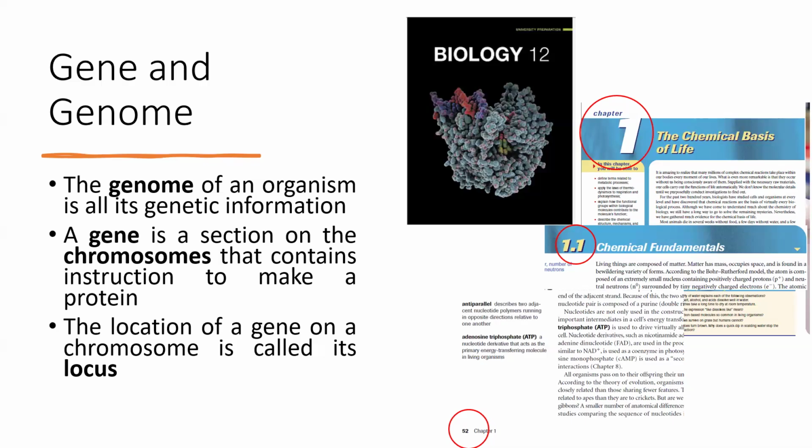If it's on chromosome 14 for you, it's on chromosome 14 for me. So these are the different terms that you should be familiar with. Most of them you already know, right? Maybe genome and locus are new, but gene and chromosomes we've been talking about forever.